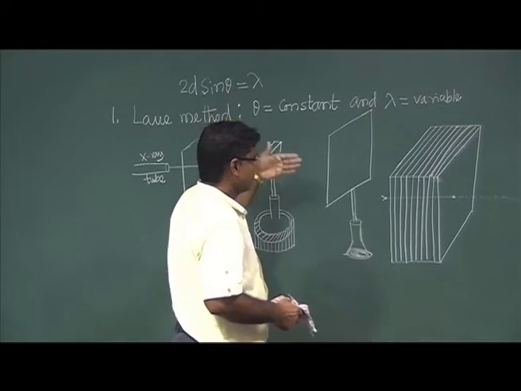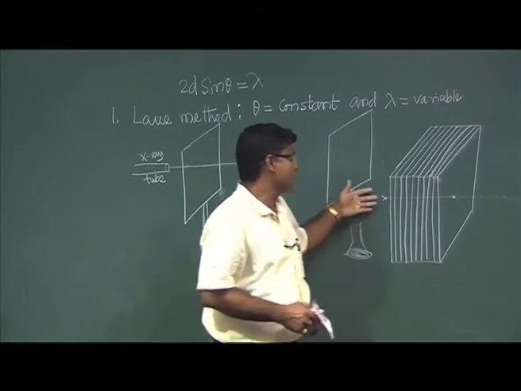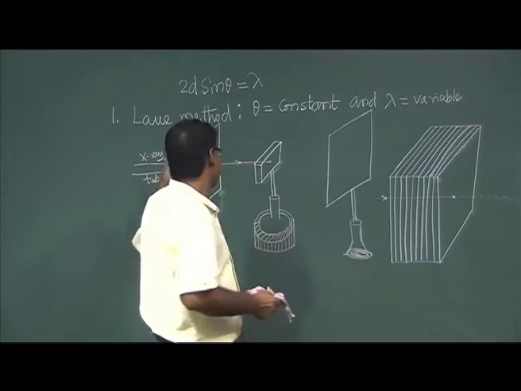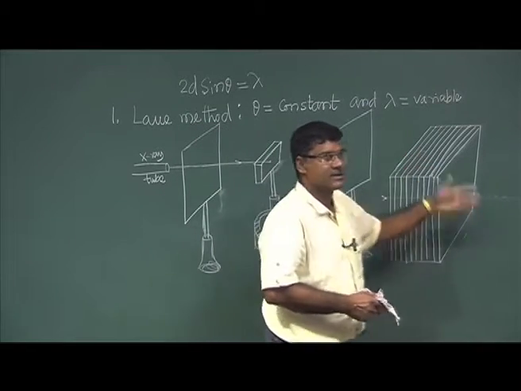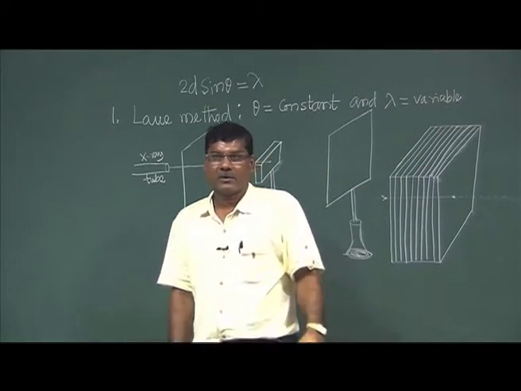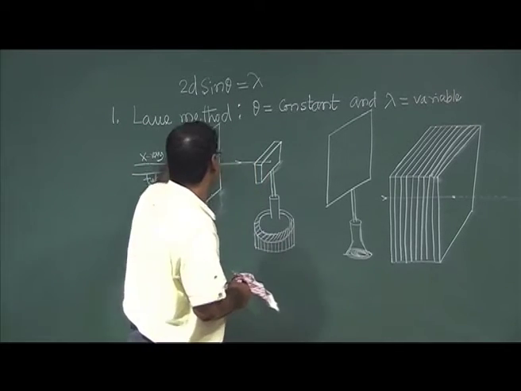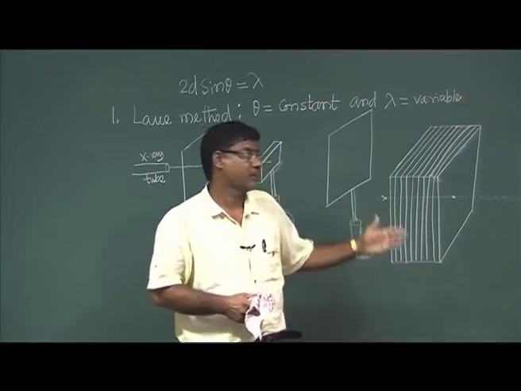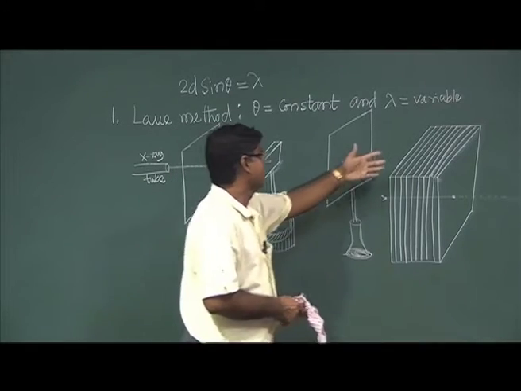Now if this ray is the central one, it is perpendicular to this set of parallel planes. So this incident angle is 90 degrees, right? This is grazing incidence, so it is along the normal of these planes.